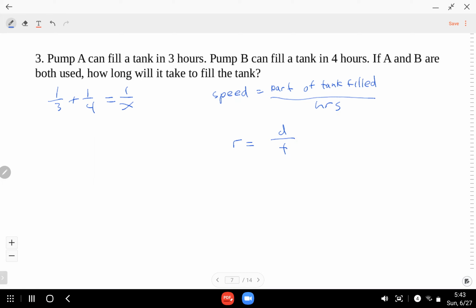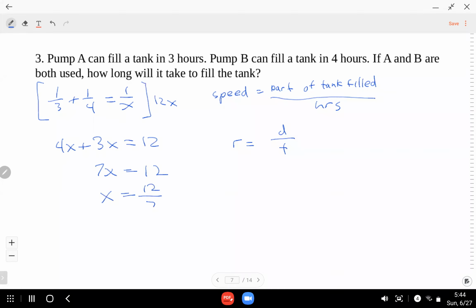So what we need to do here is multiply the whole thing by 12x. Now we get rid of the fractions. So 4x + 3x = 12. 7x = 12. x = 12/7.